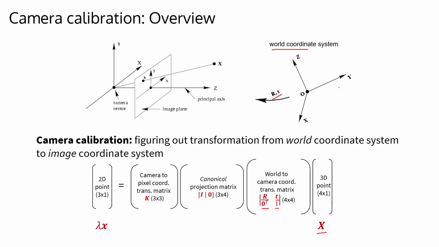R is a 3 by 3 matrix. Translation is in 3D, so t is a 3 by 1 matrix. And this 0 is 0 transpose, a 1 by 3 matrix, and 1 is a 1 by 1 matrix, a scalar. So this matrix is a 4 by 4 matrix.